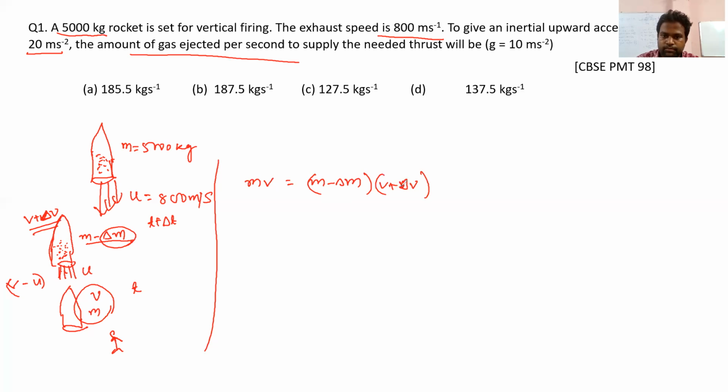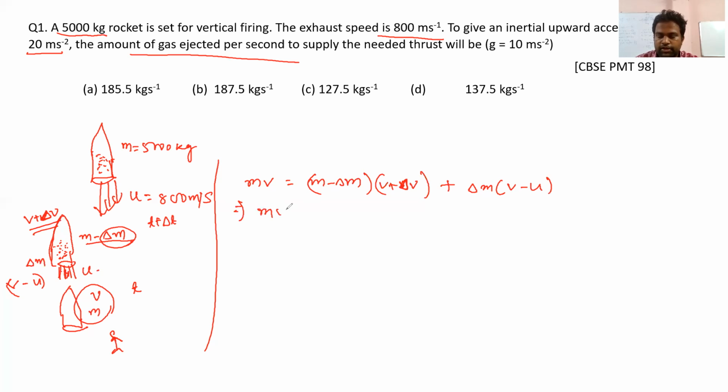Plus, delta m is coming downward, the fuel. So delta m into v minus u. So this is your equation.